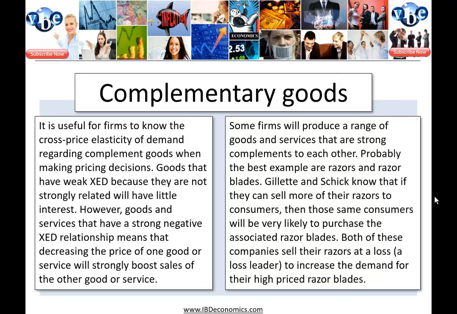Both of these companies sell their razors at a loss. We call this a loss leader in the business. And because their razors are so cheap, this increases the demand for their high-priced razor blades. Once the customers have bought the razors, then they're sort of locked into purchasing the complement good, the razor blades, and these can be charged at a higher price.